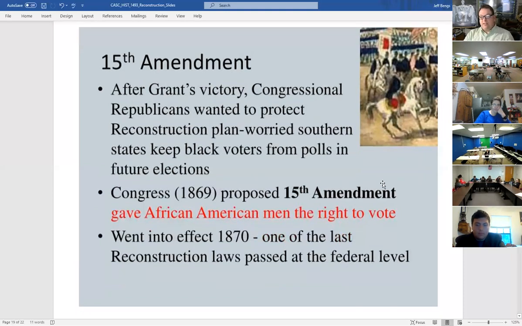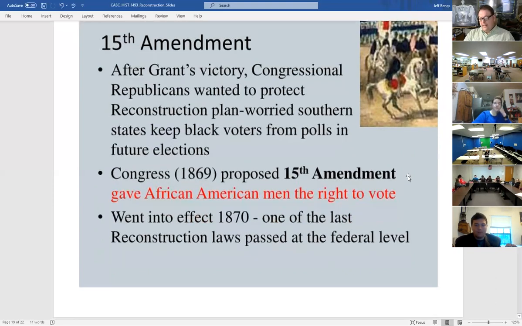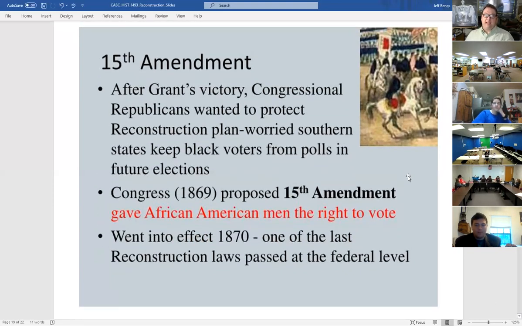During Grant's presidency, the 15th Amendment was passed, and that gave all African American men the right to vote. President Grant served 2 terms, and he basically finished out the Reconstruction years.